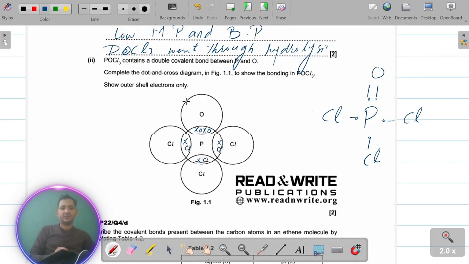There are two lone pairs of electrons on this oxygen because it is from group 6. There are 6 electrons in the valence shell of oxygen: 1, 2, 3, 4, 5, and 6. Chlorine is from group 7. So 1, 2, 3, 4, 5, 6, and it is 7. 1, 2, 3, 4, 5, and 6.